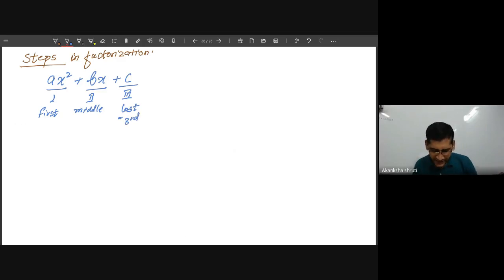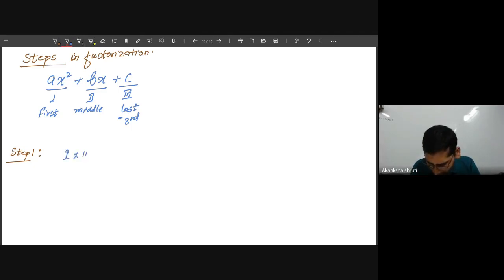Student, in this method, the very first step, step number 1, is that you have to multiply the first term with the third term.